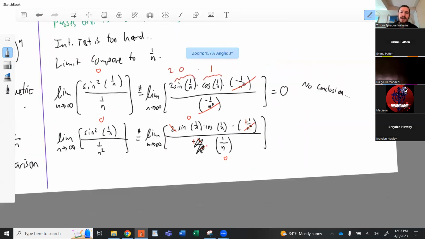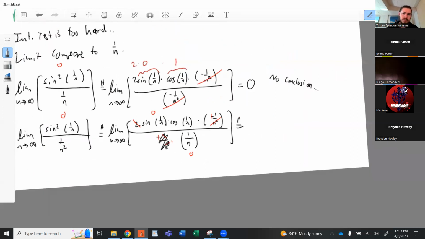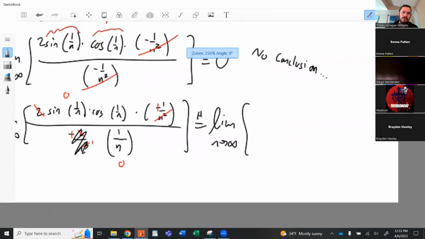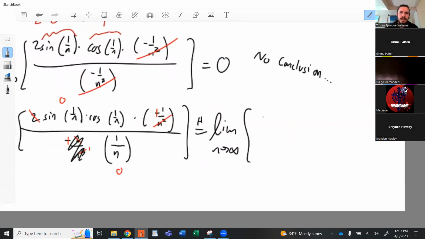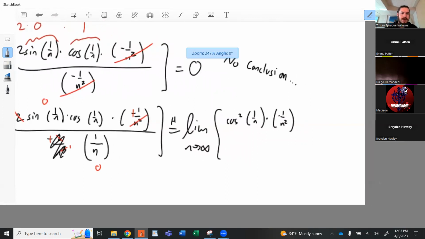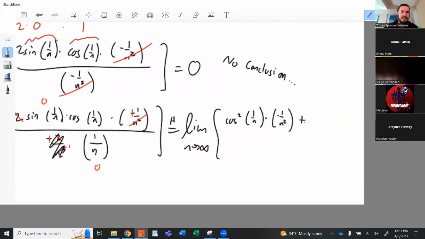So we can do another L'Hopital's rule. Do a product rule in the numerator. We get cosine squared of 1 over n times negative 1 over n squared, and then plus sine times the derivative of cosine, which is actually a minus sine squared of 1 over n times negative 1 over n squared.